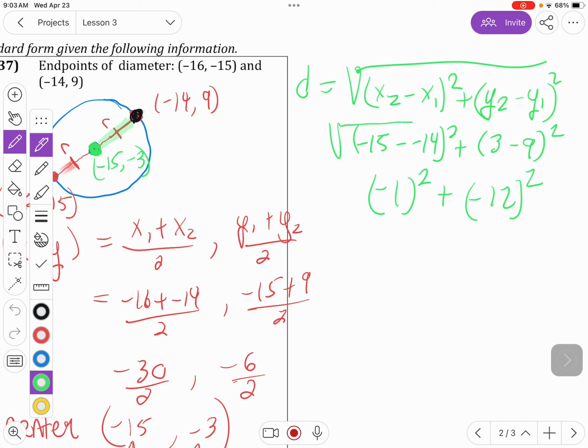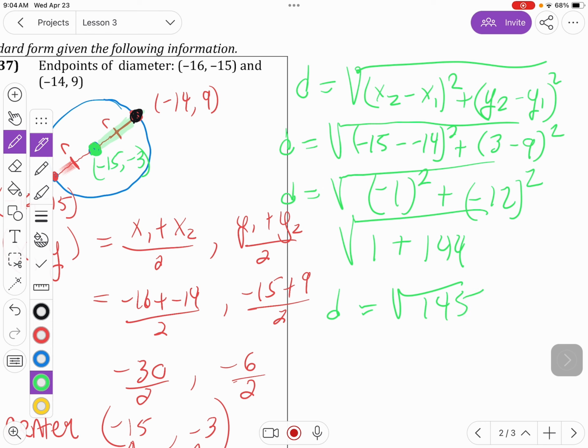But remember, there's still a radical over the top. All right, so let's do this last little bit of math. This is 1, because negative 1 squared is 1, plus negative 12 squared is 144. So the distance is equal to the square root of 145.